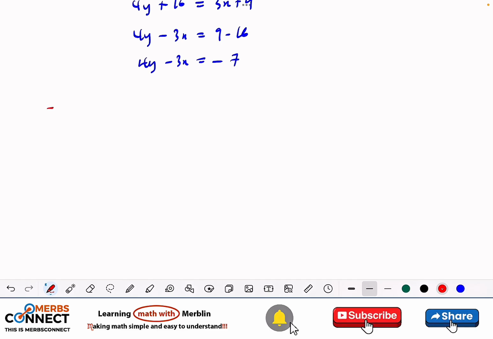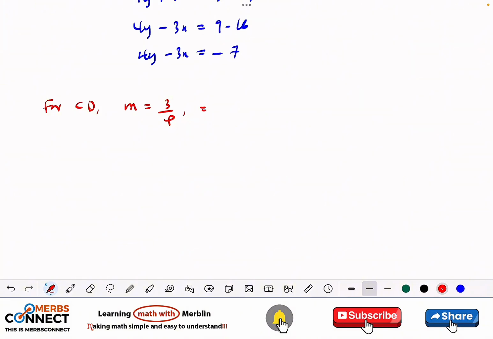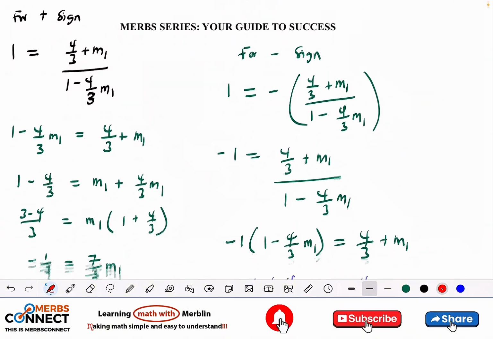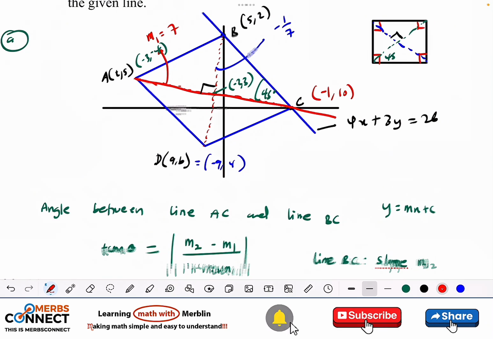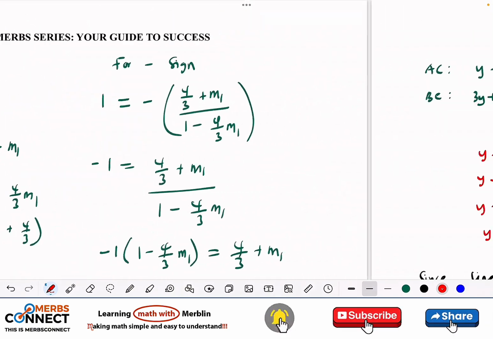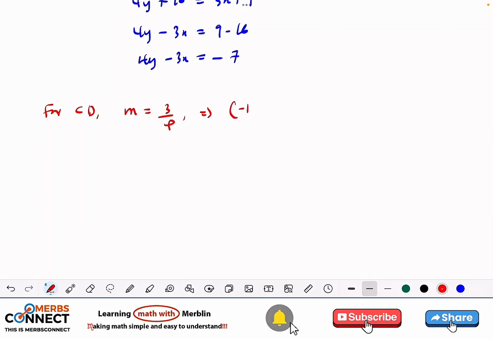For CD, the same slope, right, which is 3 on 4, but now the coordinate is going to change. Let's use one point, either C or D. So we can use C, minus 1 and 10. Let's use minus 1 and 10 to do that. So y minus y1 is equal to m times x minus x1.